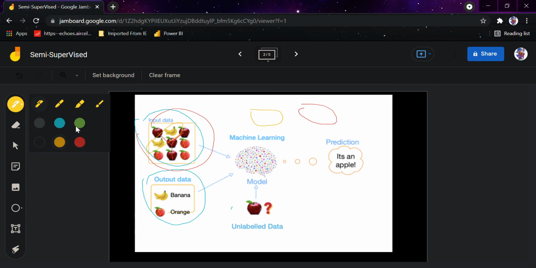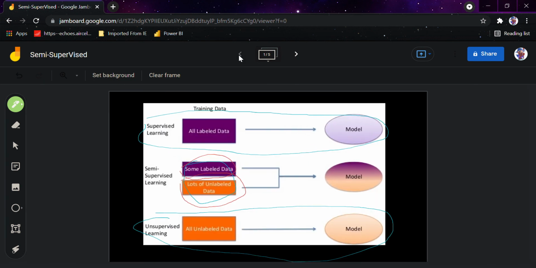Then these three fruits have the same feature, so it makes a class here. After that, from the labeled data, it sees that this one is a banana and this one is an orange. So it learns from the few labeled data and lots of unlabeled data you provide. I hope you have got an idea of what semi-supervised learning basically is.